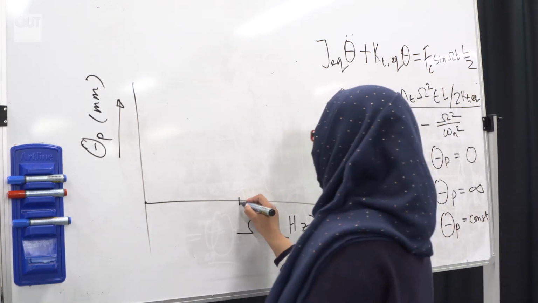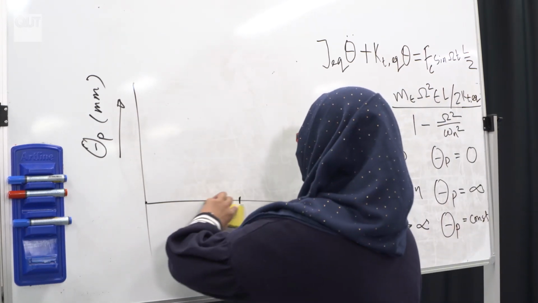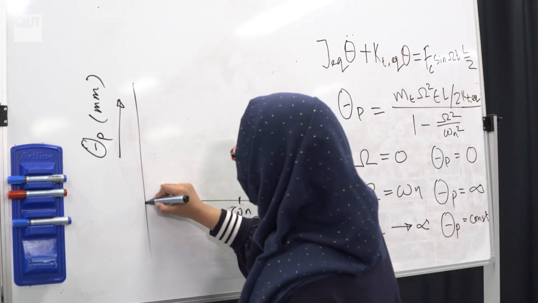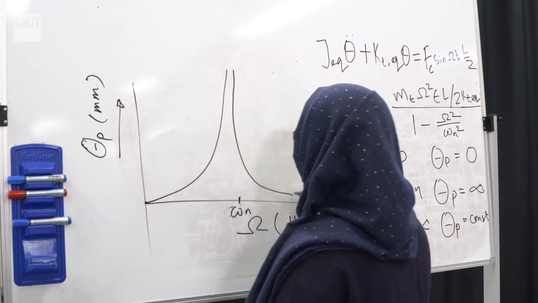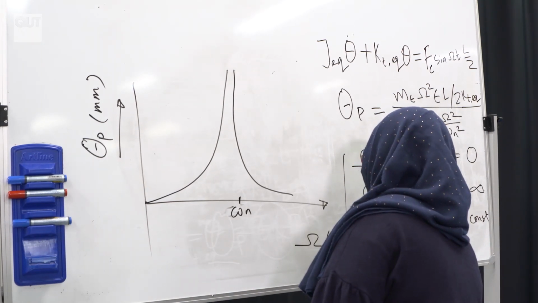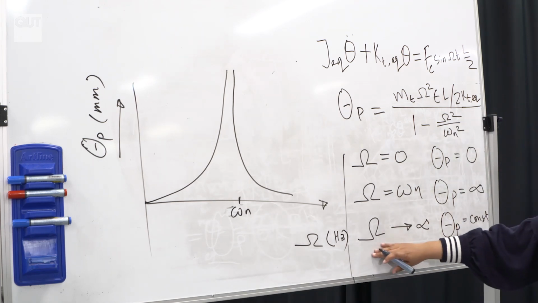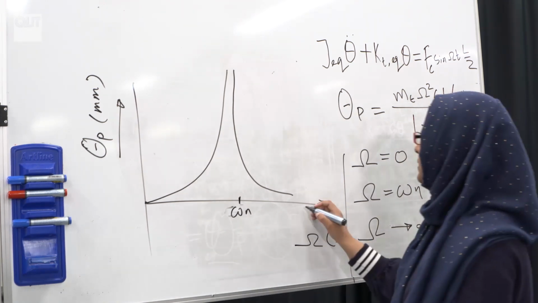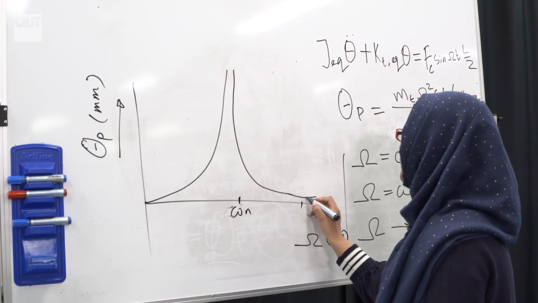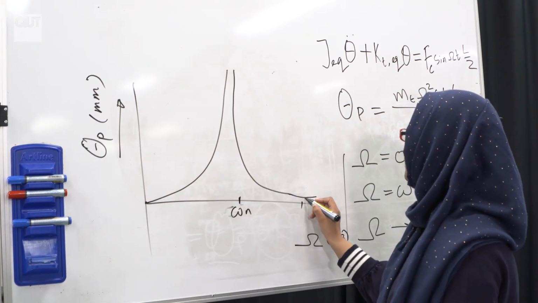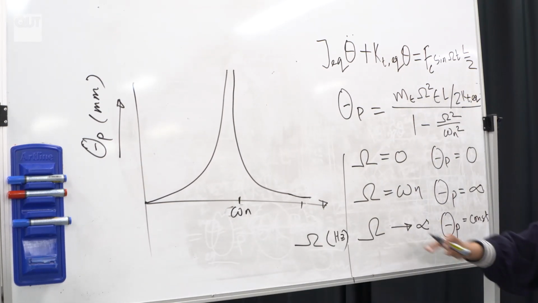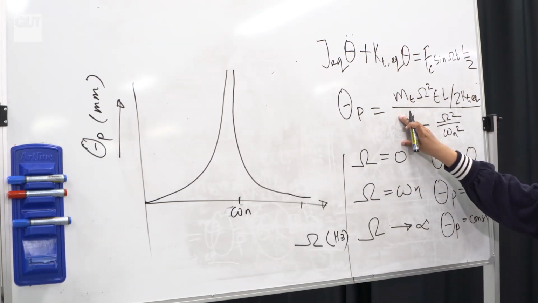Then at this point capital omega is equal to omega n, so the amplitude would be infinity, and the curve should look like this. Let me draw it again here. And the last one, when capital omega tends to infinity, a really big value, the amplitude should have some value, but it definitely will not be 0. So, that is our expected curve from this expression.